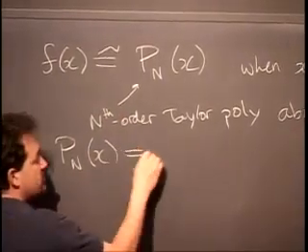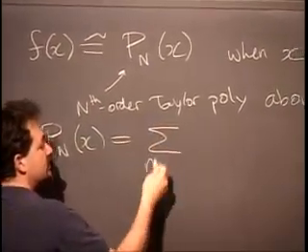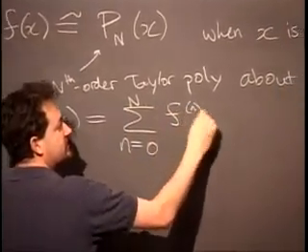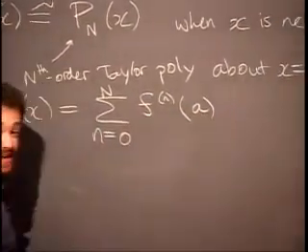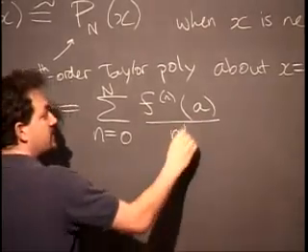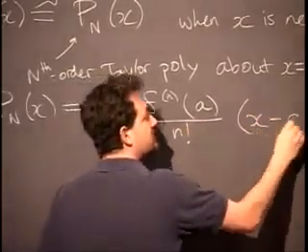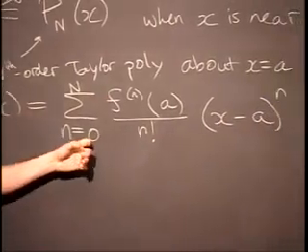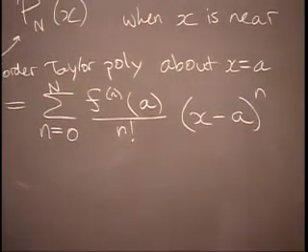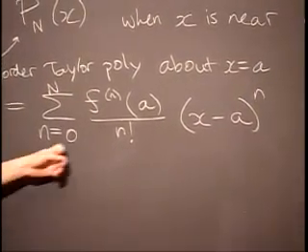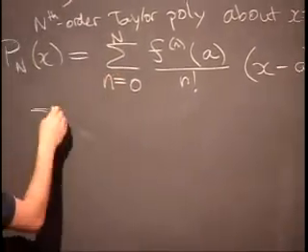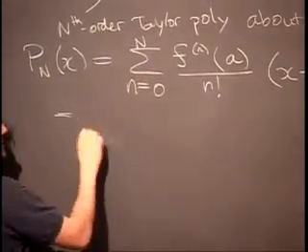But the definition of Pn in sigma notation is the little nth derivative evaluated at a divided by the quantity n factorial and then times x minus a to the n. And you sum that over all the values of little n from 0 to big N. It's very useful to know that in sigma notation, and it's also very useful to be able to write this out.